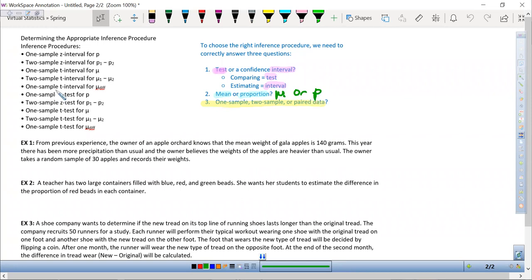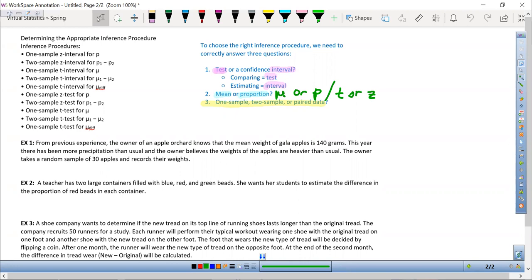If it's a mu, it's going to be a T interval or test, and if it's a P, it's going to be a Z interval or test. So the fact that it's a mean tells us we should have mu and T in the test name, and if it's a proportion, we should have P and Z in our inference procedure.